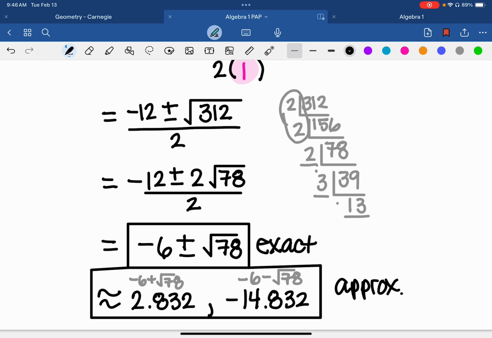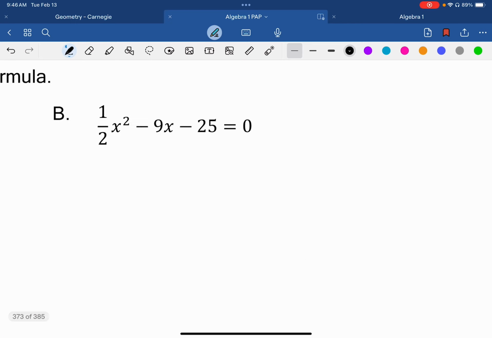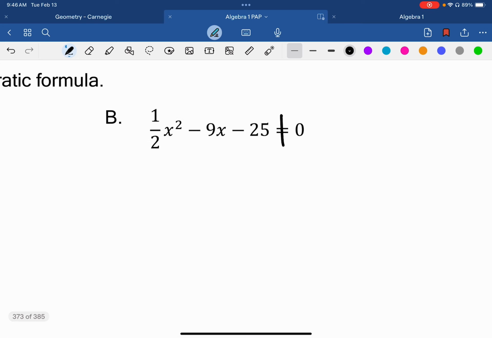Okay, let's give it one more try here with part B. Now, as I draw my line, I notice for part B that everything is already set equal to 0. So I can go ahead and say that A is the 1/2. B is going to be the negative 9.